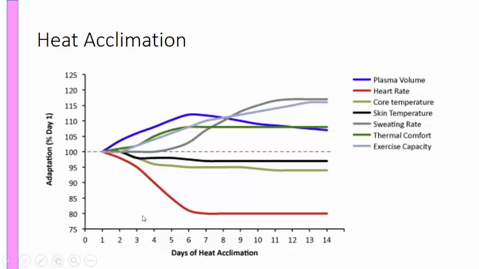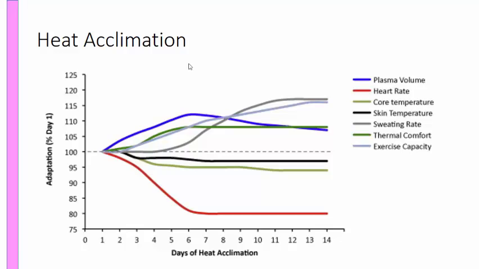And you can see that as we have 14 days of heat acclimation, on the x-axis we have 14 days of heat acclimation, and then on the y-axis we have how these different variables change from their first day of trying to become heat acclimated. So we're going pre to post heat acclimation.